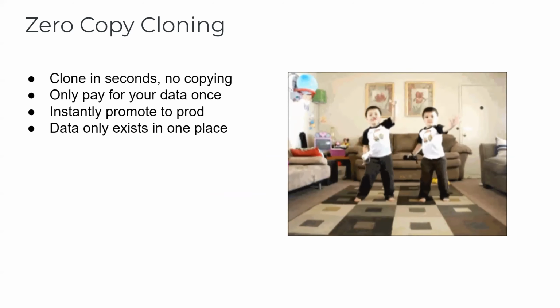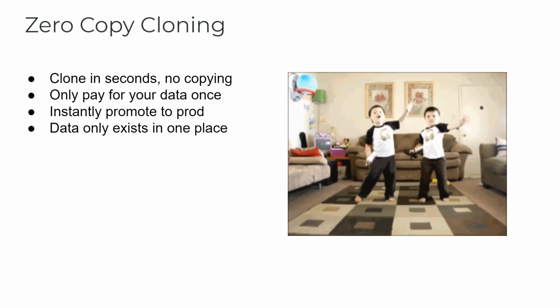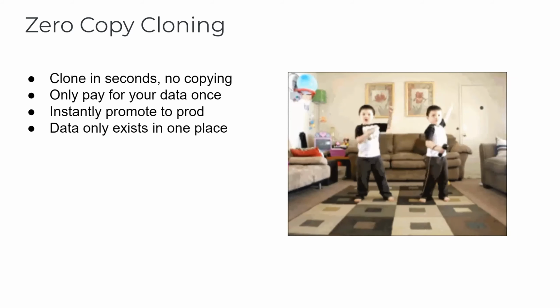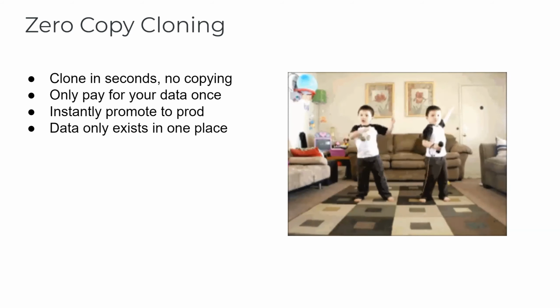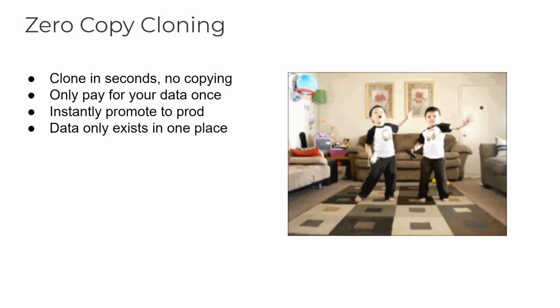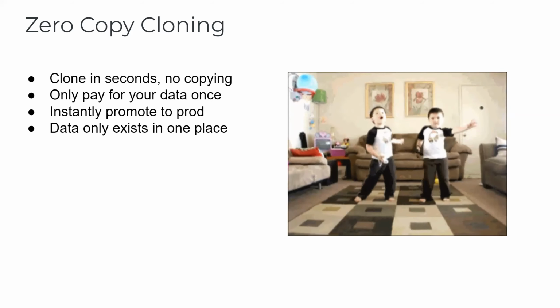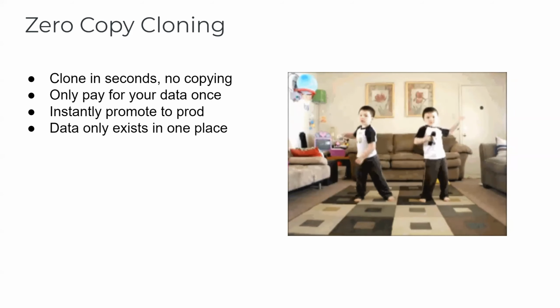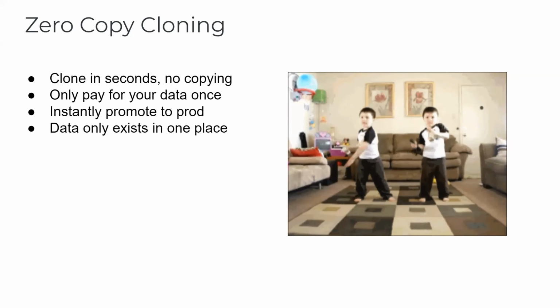Zero copy cloning is also very good. You can think about this, for example: you have one environment, your production, and your task is to create your development environment out of your production environment. Typically, it sounds like you need to physically make a complete copy of your database.